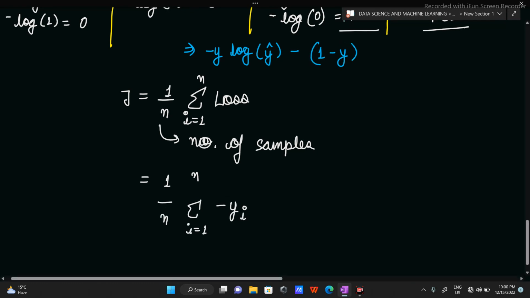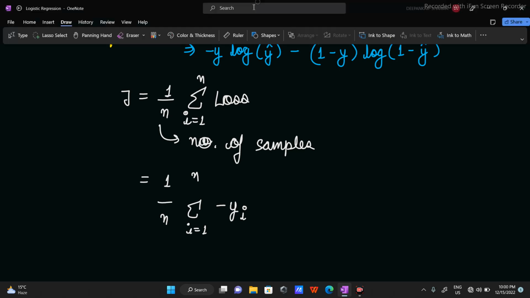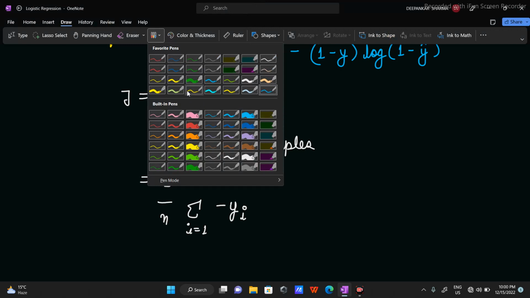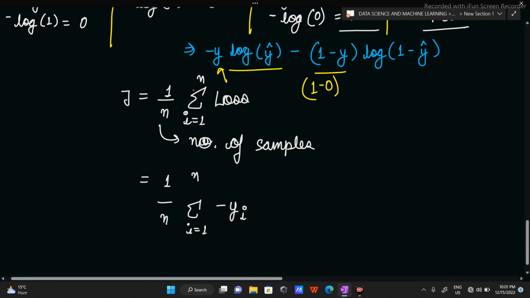This y is the actual output and y hat is the predicted output, that's why log of 1 minus y hat, right? If you don't get it, see what's happening is when I have y as 0, in that case this whole term will become 0 because multiplying something by 0 gives me 0, and this will become 1 minus 0, that is 1, and if you multiply something with 1 it stays the same, right?